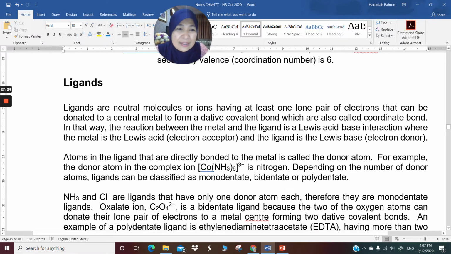Now, I did mention the word ligands just now. What are ligands? Ligands can be neutral molecules. They can also be ions. They have to possess at least one lone pair of electrons that can be donated to a metal center to form a dative covalent bond, which is also called a coordinate bond.